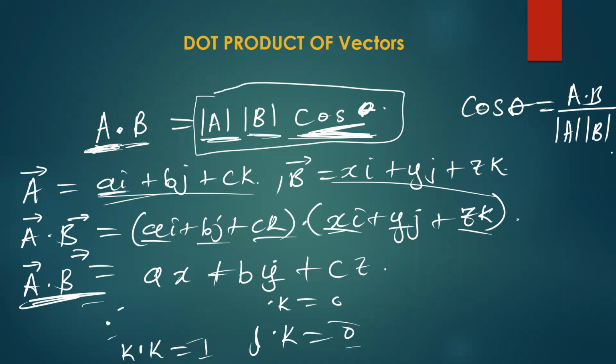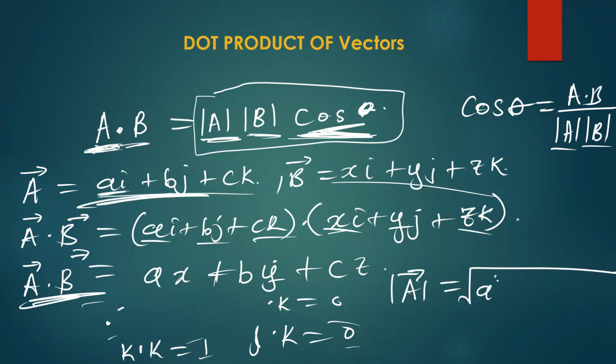The next thing you have to bear in mind is that after finding the dot product of two vectors, you have to find their independent magnitudes. So the magnitude of A is going to be equal to what? Our A is here, so the magnitude is going to be the square root of A squared plus B squared plus C squared.